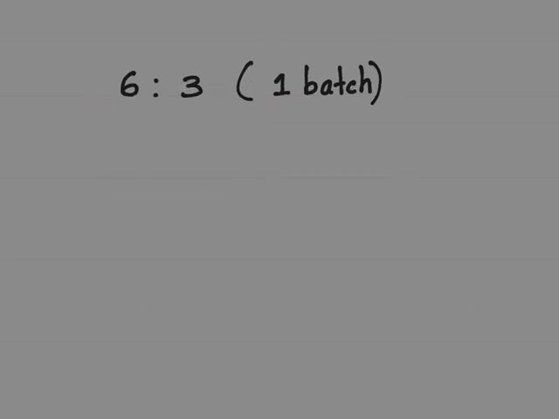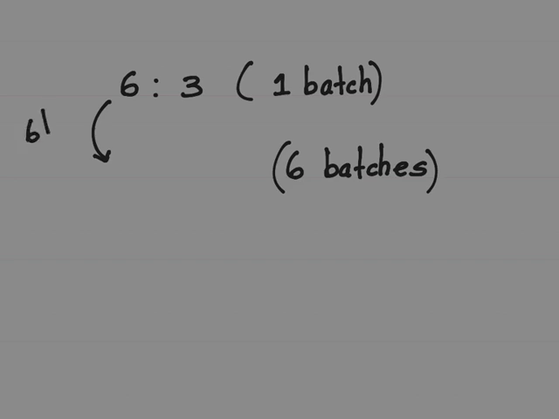Okay, so now the value for one batch is 6:3. If you make 6 batches, what will be the ratio? You have to multiply the first ratio by 6, right?